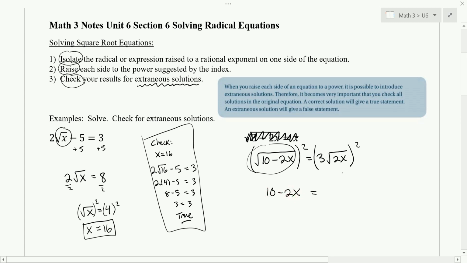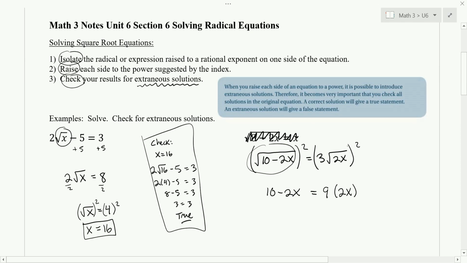When you square the right side, what do you think you get? Okay, good. Make sure you square the 3, right? 3 squared is 9, and then times 2x. When you square the square root, they kind of cancel each other out, and you just get the 2x.